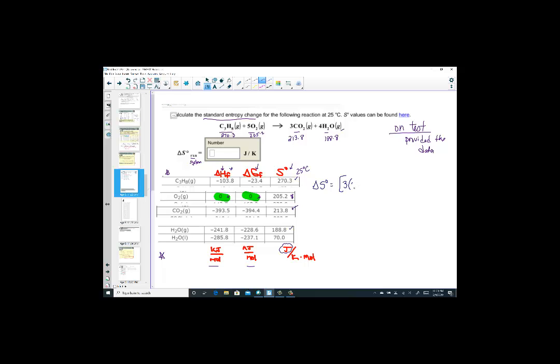And carbon dioxide had an assigned value of 213.8 plus 4 gaseous moles of water at 188.8 apiece. So here's the sum of the products minus, down here I'll write out the reactants. We had 1 gaseous mole of propane at 270.3 plus 5 gaseous moles of oxygen at 205.2.